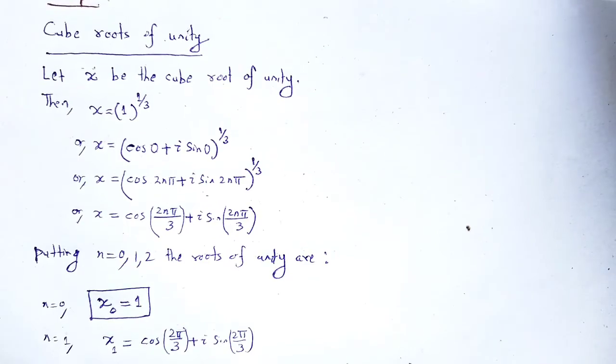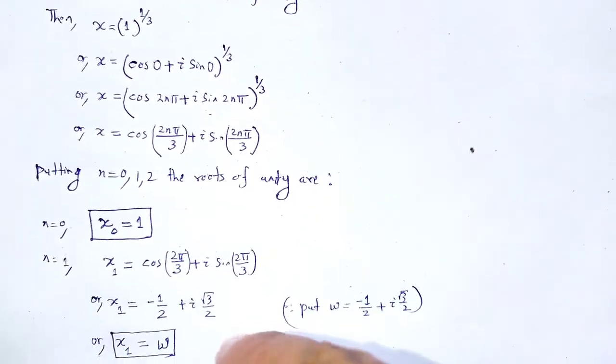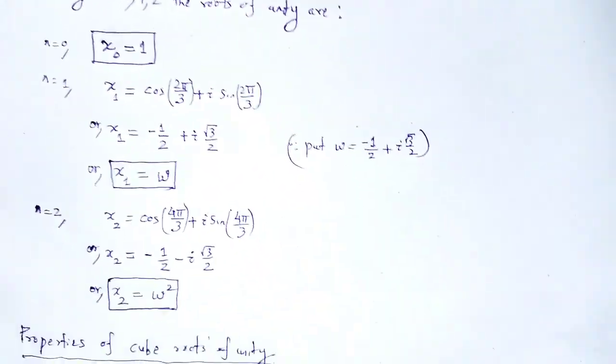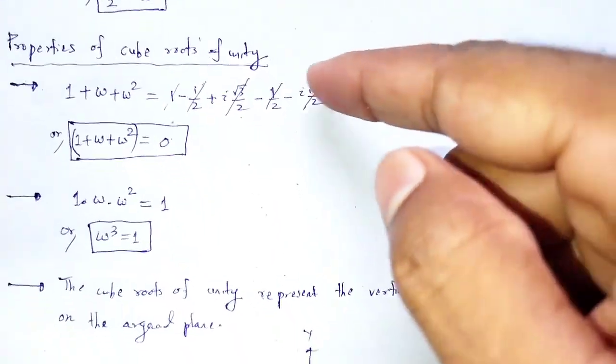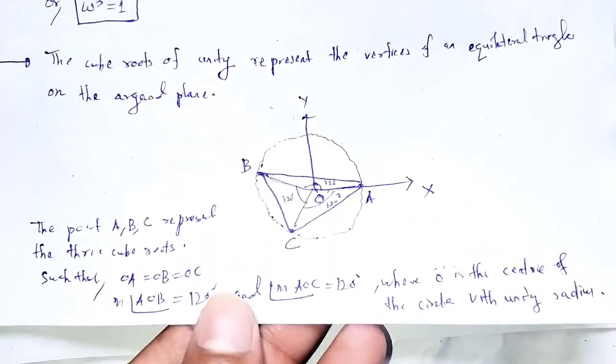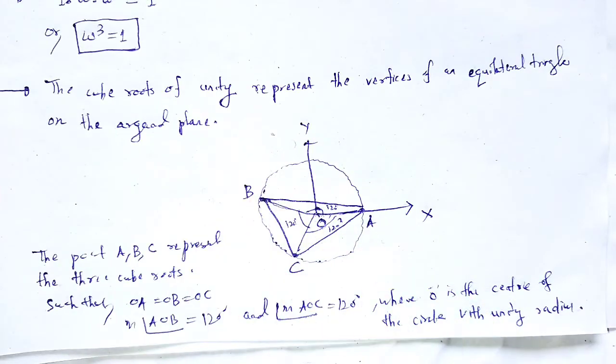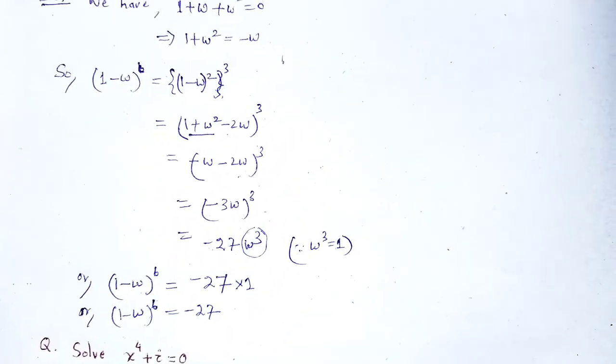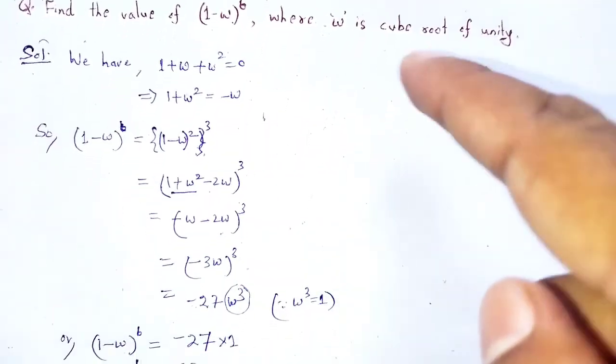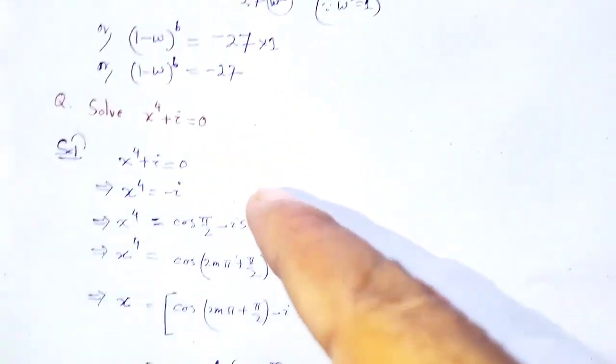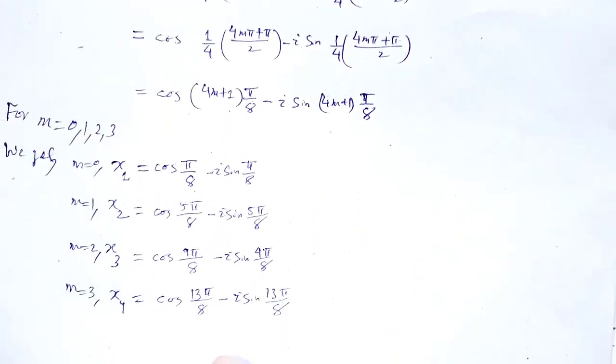As an example, we found the cube roots of unity as 1, omega and omega square, some properties related to cube roots of unity, and 2 questions related to roots of a complex number. Question number 1 and its solution, question number 2 and its solution.